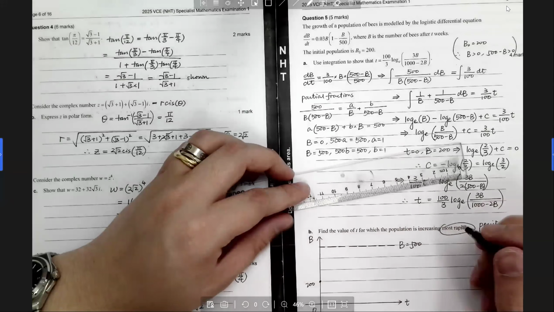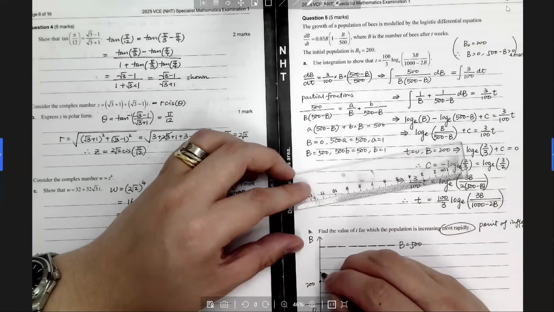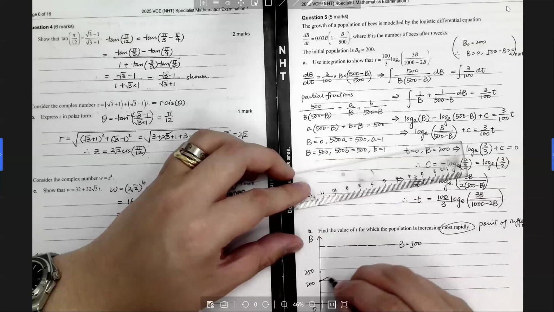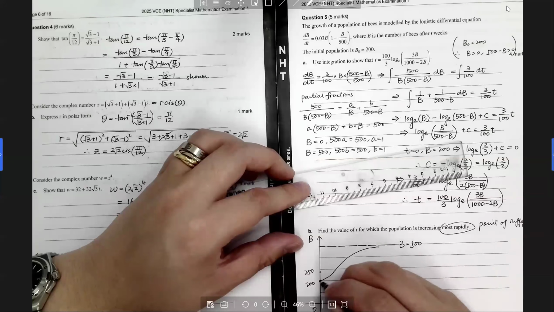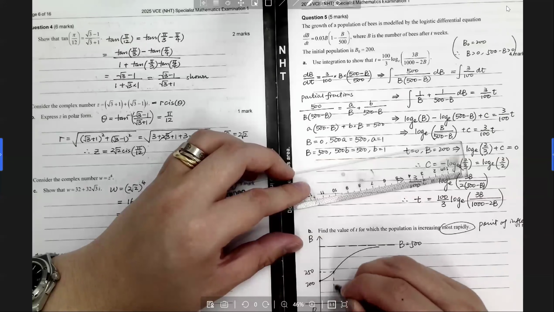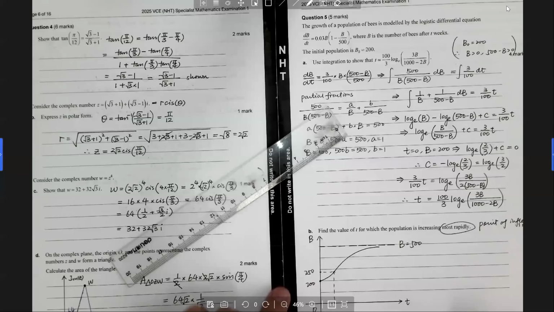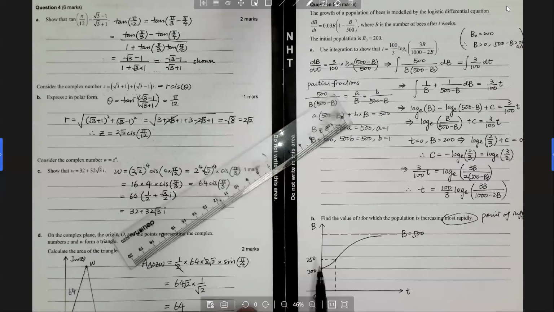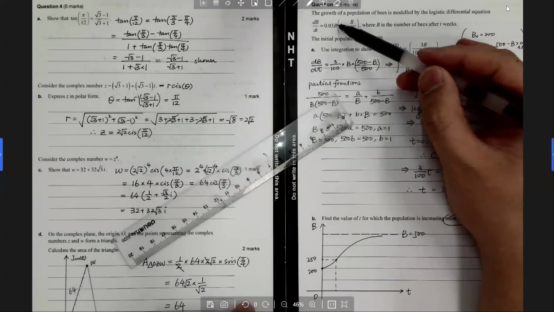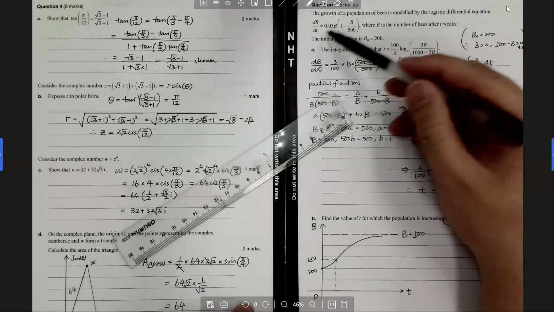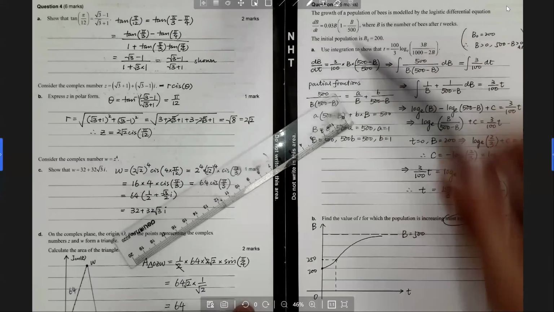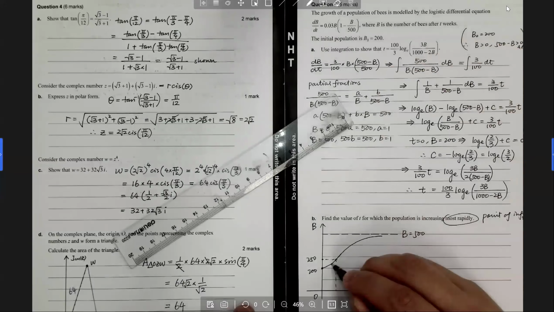And where would I get the point of inflection? Well, at 250 somewhere. So the graph might look like this, okay, initially, and then get a point of inflection. To recognize that, you can use the symmetry of this quadratic in terms of B, like the midpoint between 0 and 500 is 250 to attain a maximum value of the gradient, which is the steepest gradient here.